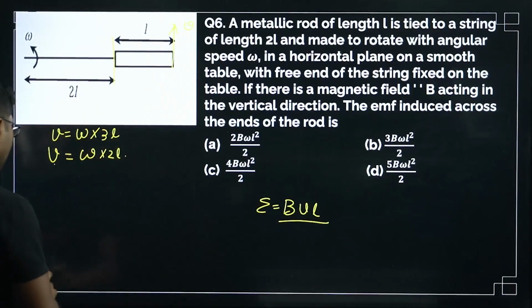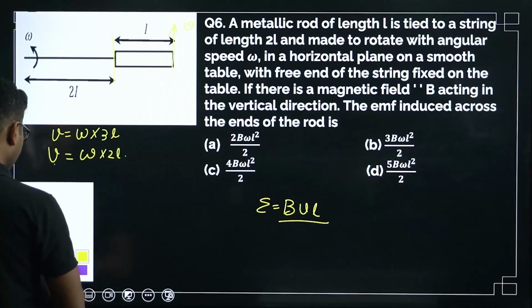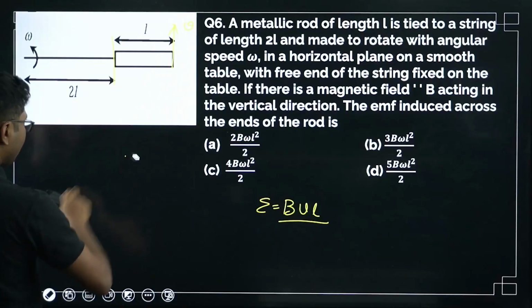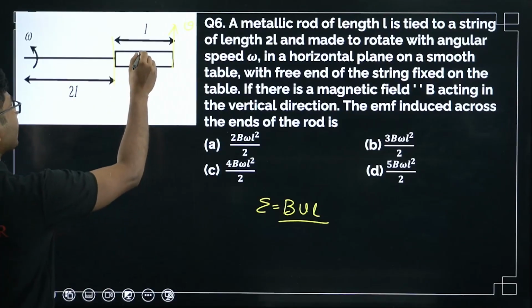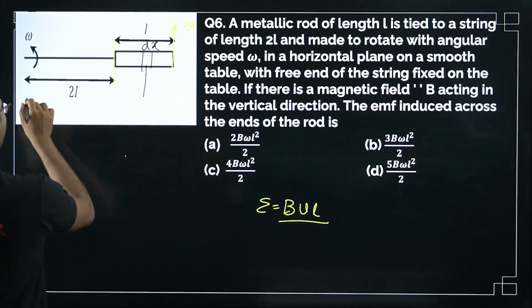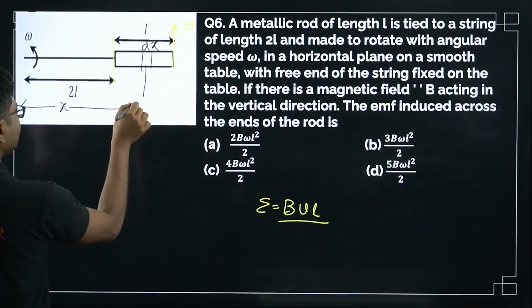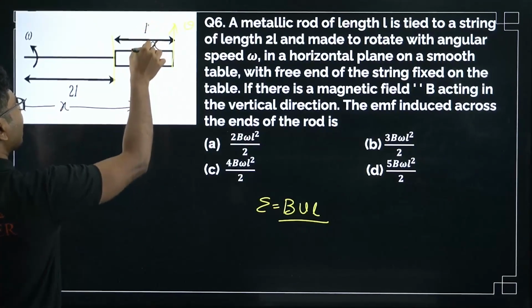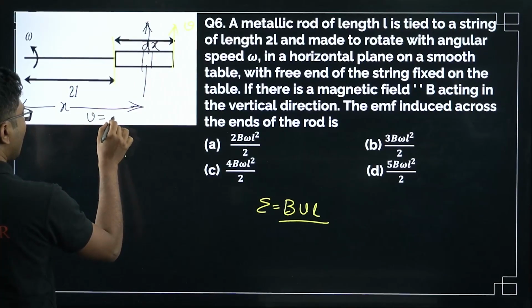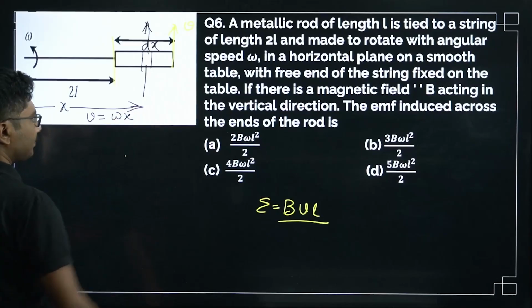So what you have to do, you have to integrate it. How to integrate this process? You have to imagine a small portion dx, okay, and the distance of this is x from the center. What is the velocity over here? Velocity over here will be V equals omega into x.